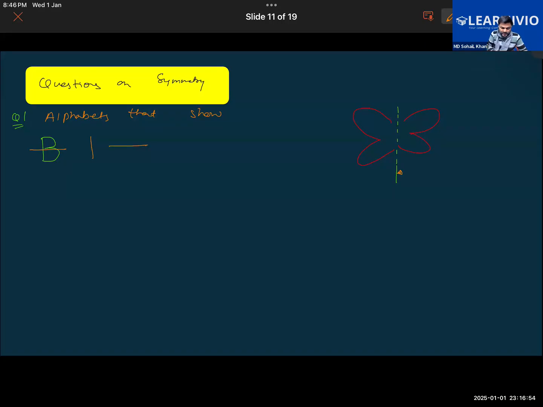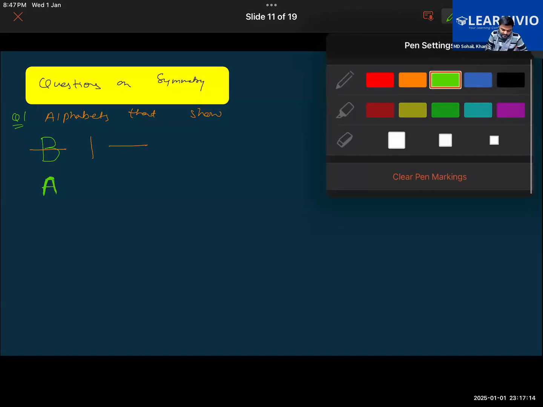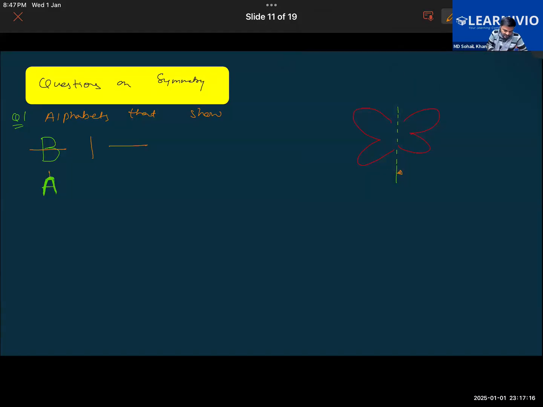Good. A also shows symmetry, or does it not show any symmetry? It shows some symmetry, no? A shows symmetry. You will be taking a vertical line and you make the line run from the middle of the A. So it possesses symmetry.